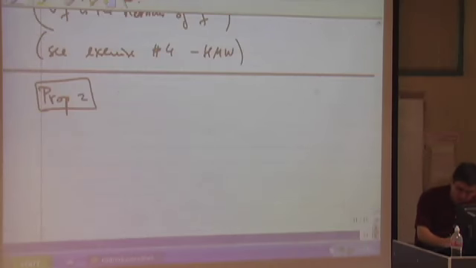So that's basically it. But the other very important property of convex functions is the following: if f is convex, actually I think it's if and only if.